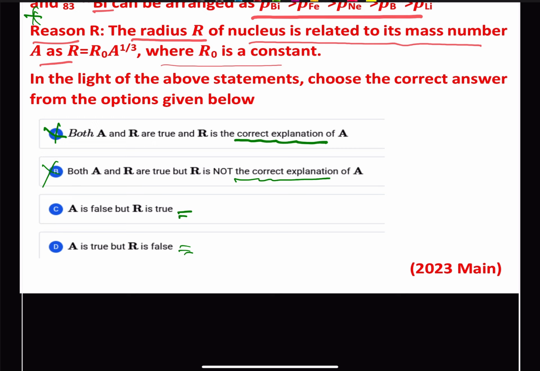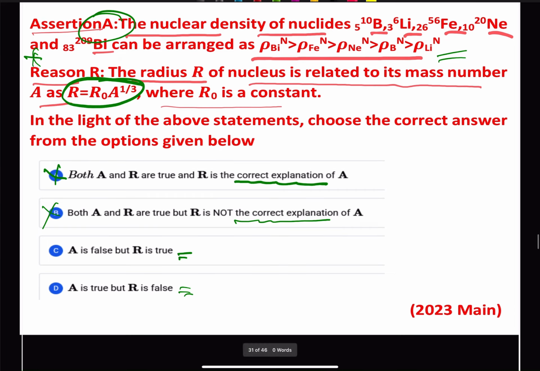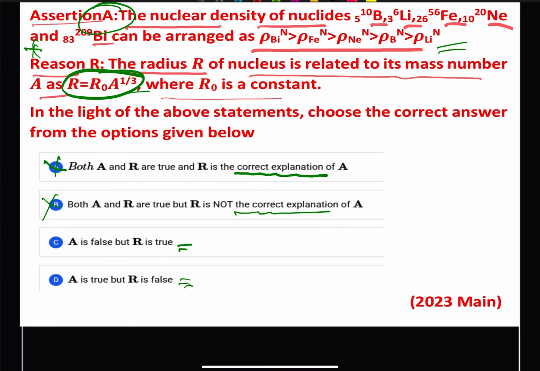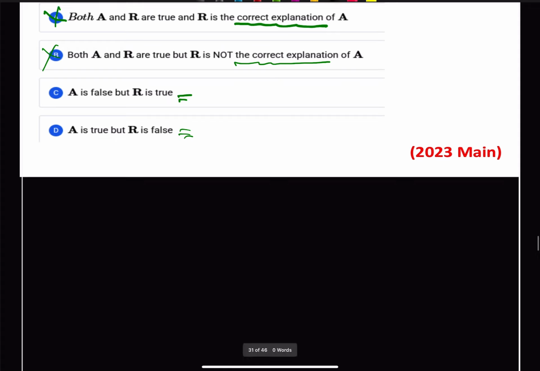Anyways, this standard formula we already know. If you want, we can just derive it also. Let me find out first of all the density also. That will help in deciding whether A is true or not. And this is a standard formula, so obviously R is true, but we have to check whether A is true or not.